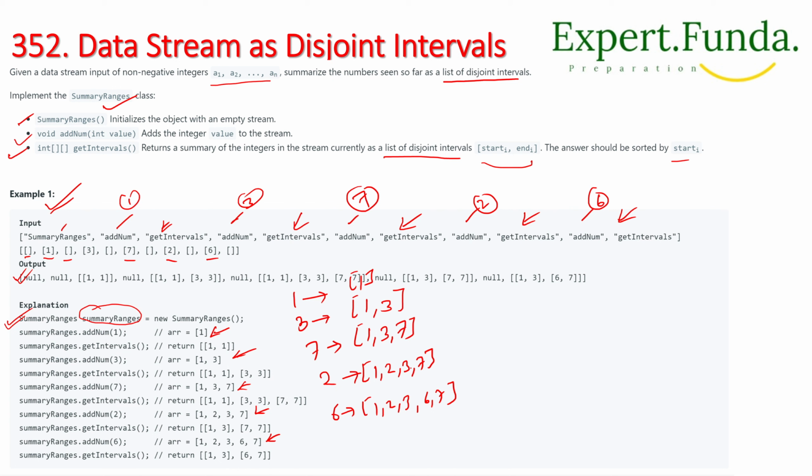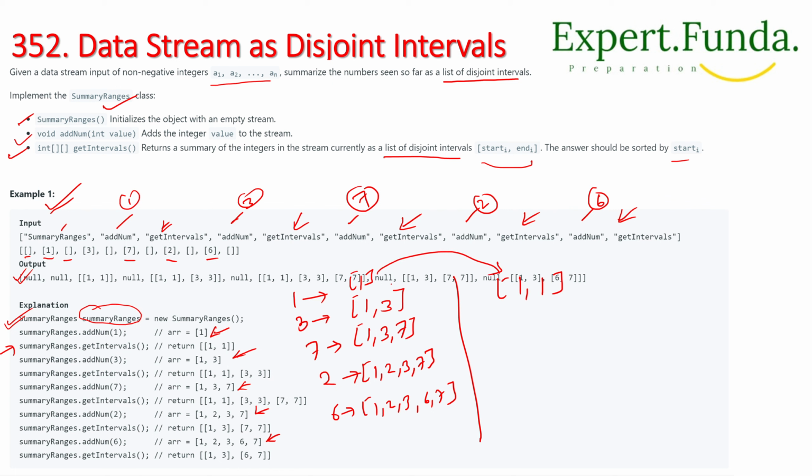Okay, so we have done that, but we have to find the intervals after adding each value. Let's suppose when we are adding 1, our interval will look like 1 to 1, because we have only one element here.